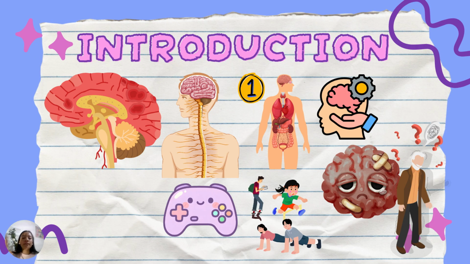In this part, we have the introduction. The brain is the main organ in our central nervous system. This is important because it controls almost all the functions that the human body has. So basically, this includes the basic things that we do every day, like breathing, or different processes like thinking, thinking about the person that I like, or learning.